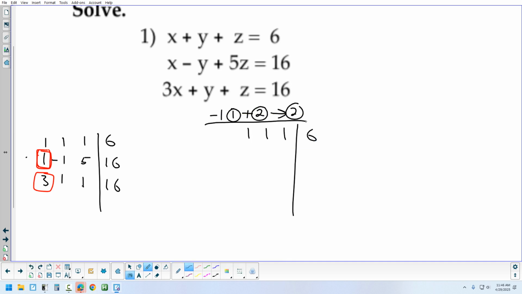Now, let's look at it again. Can I add row 1 to row 3 to make a 0 in this box? No. So then I need a little bit more space because I have another step I need to write. What could I multiply row 1 by to make this a 0? -3. Yep. Multiply row 1 by -3 and then add it to row 3.